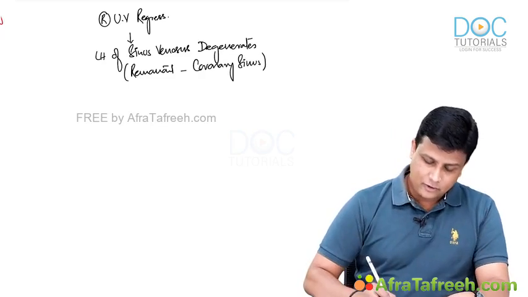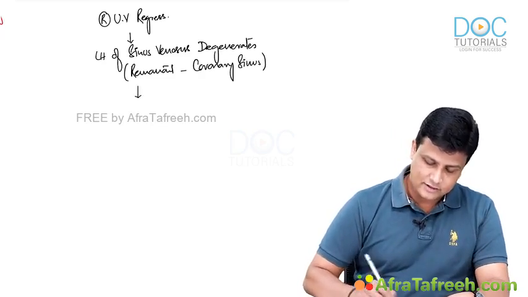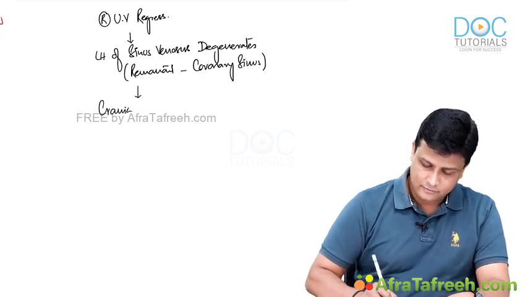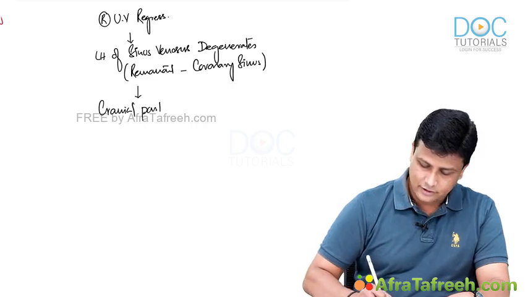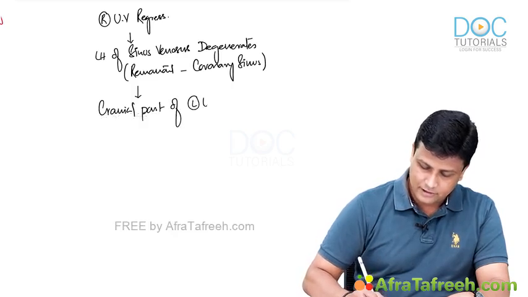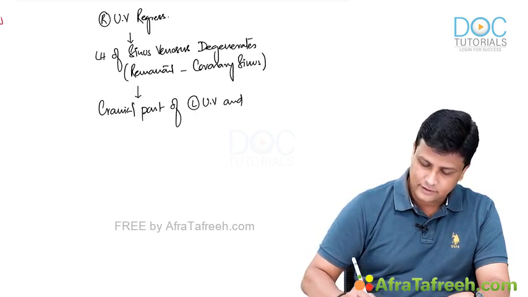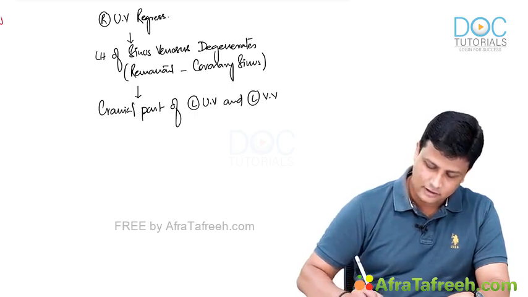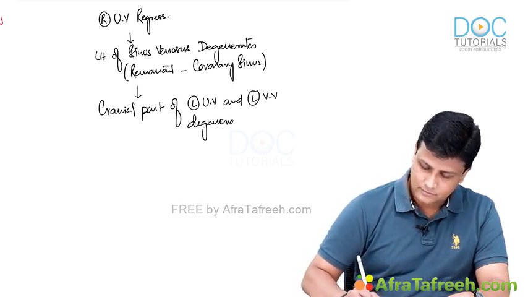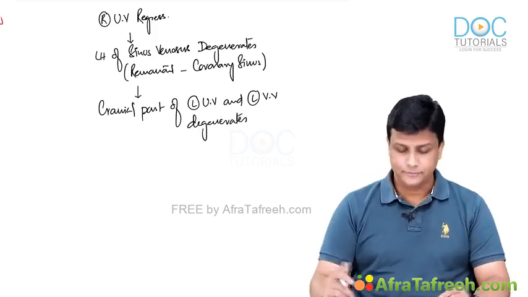Perfect. And because the left horn of the sinus venosus degenerates, even the cranial part of the left umbilical vein and the left vitelline vein degenerate. Their cranial parts are also gone.